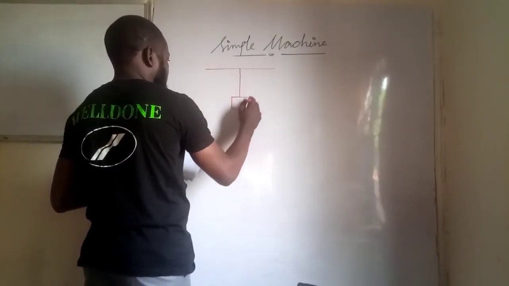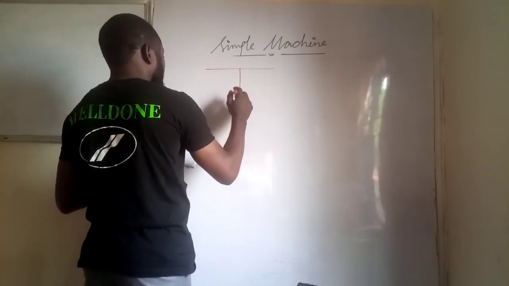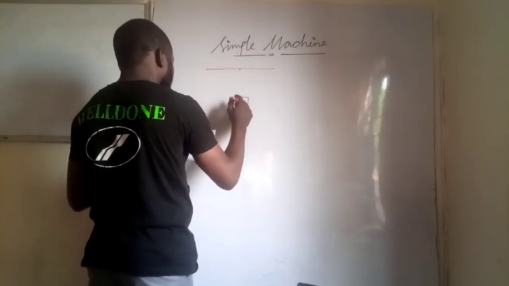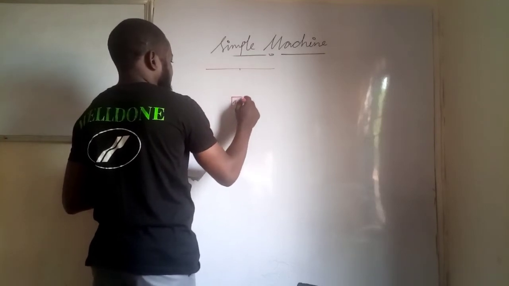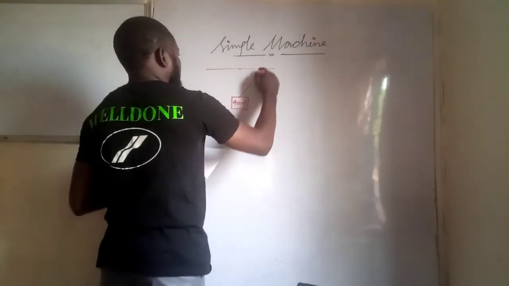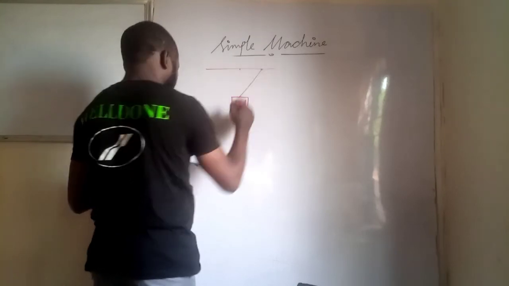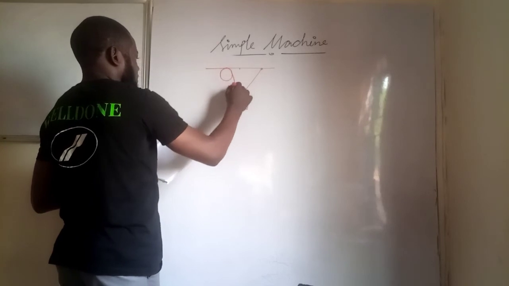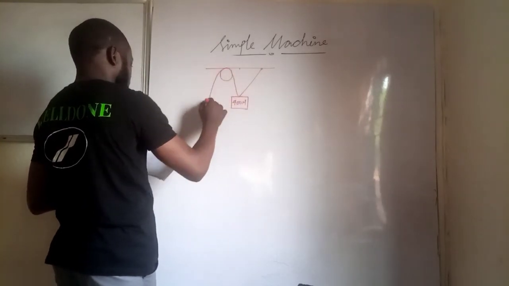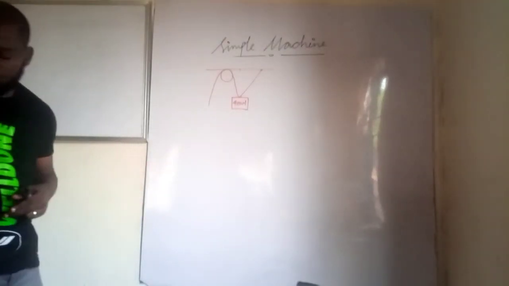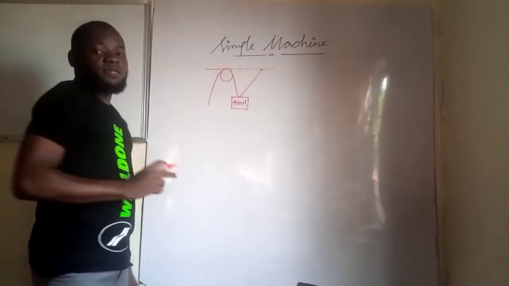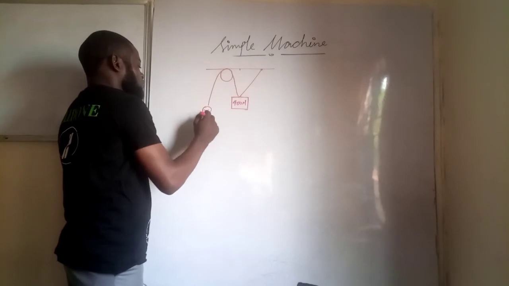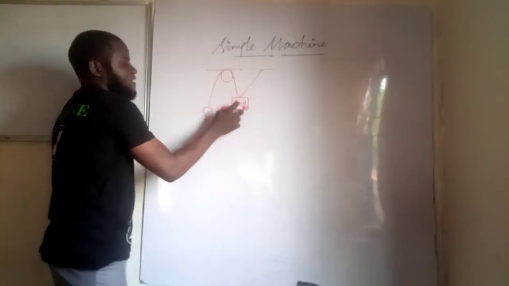If I have this as a load of 400 Newton, and I have this to be my rope, and then this is a pulley. This pulley is a movable pulley. And this is you that you want to pull this particular crane.